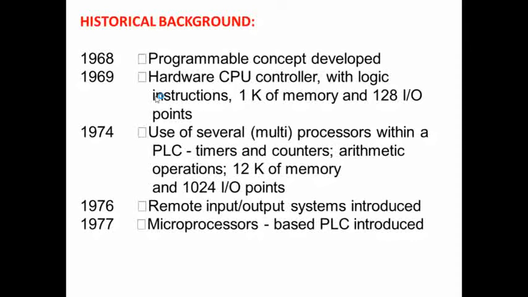Secondly, the system had to be capable of sustaining an industrial environment. Again, the input and output interfaces had to be easily replaceable. Then the control had to be designed in a modular form so that components could be removed easily for the replacement or repairing of the PLC system.